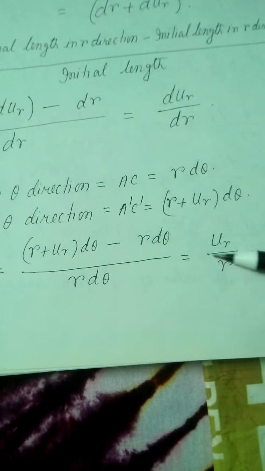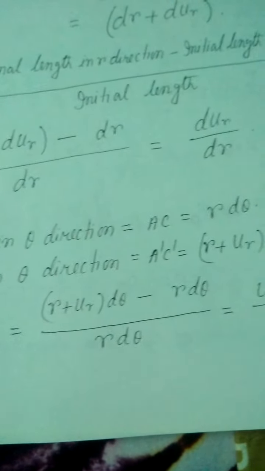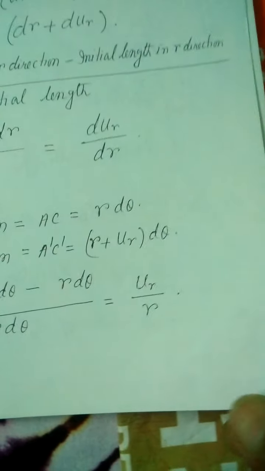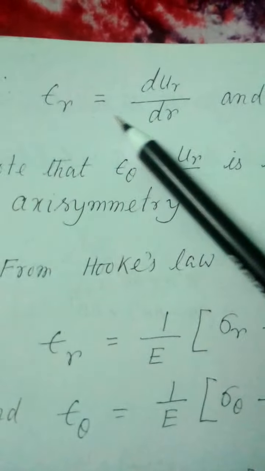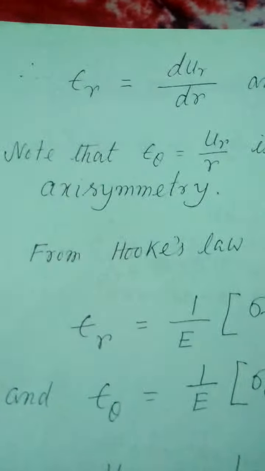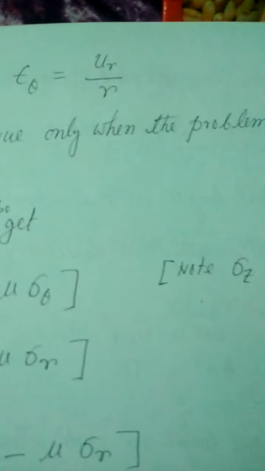This is UR by R we have already proved, but we have taken there in U only. This we have proved earlier, but in the partial derivation form. No problem here, that is same as this.